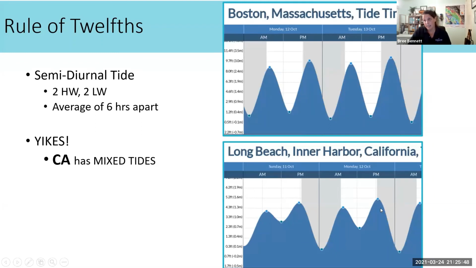Unfortunately, California does not have that. We have a mixed tide, so the rule of 12s doesn't work 100% of the time, but it's good to give it a shot. Keep that in mind: it's the rule of 12s with a little asterisk next to it.